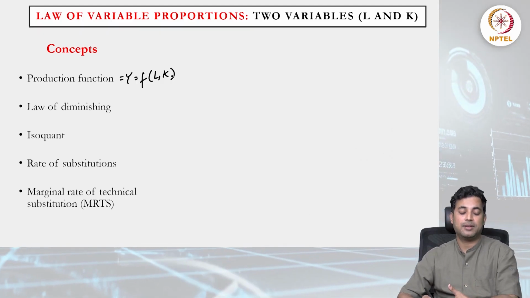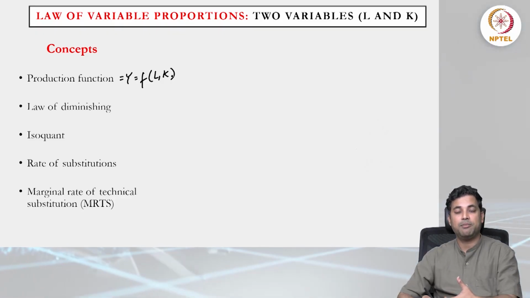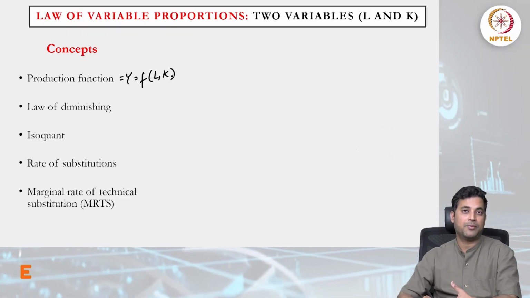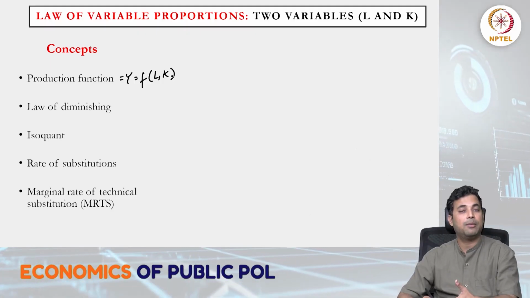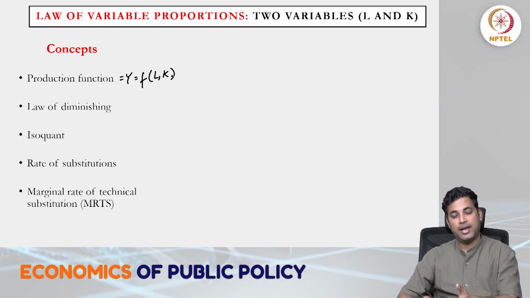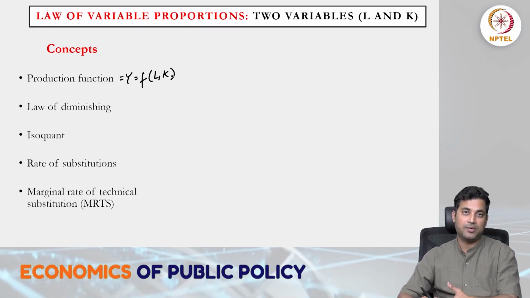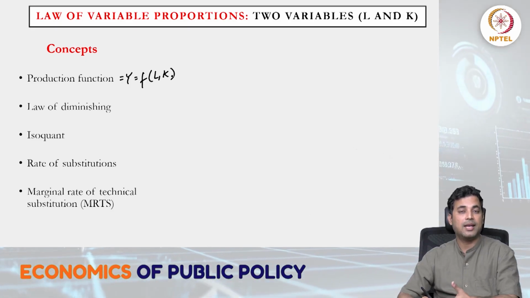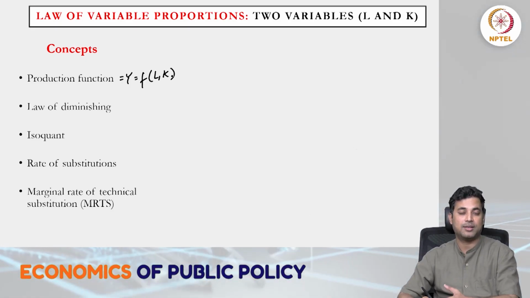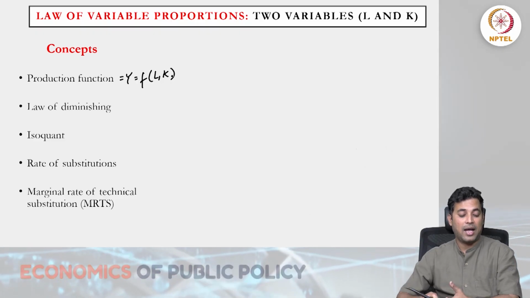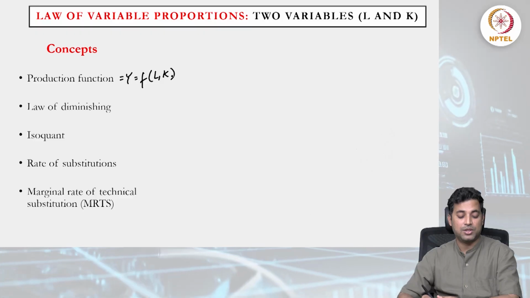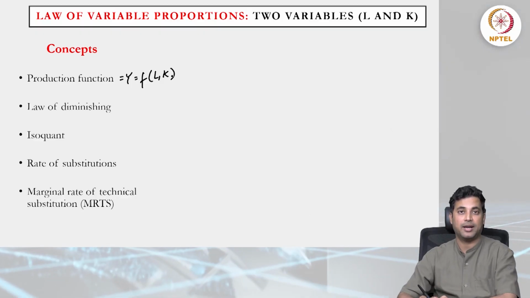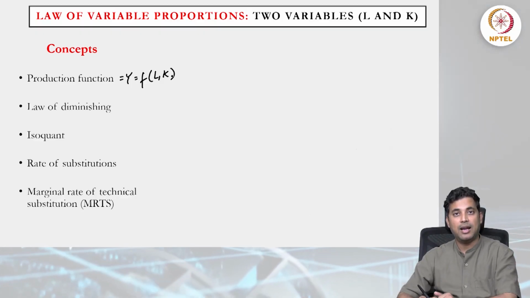If we consider two variables, L and K, and we are choosing between L and K, it is the same concept that we discussed in case of utility with the help of the indifference curve, how X and Y are interrelated with the help of the marginal rate of substitution. Following the same logic, we'll also discuss how the diminishing law and the marginal rate of technical substitution are connected in this production function when we choose between L or K.